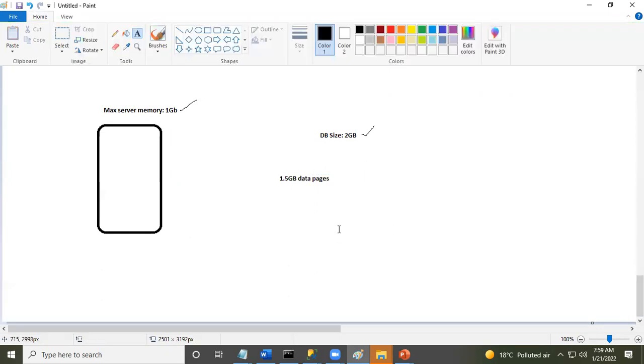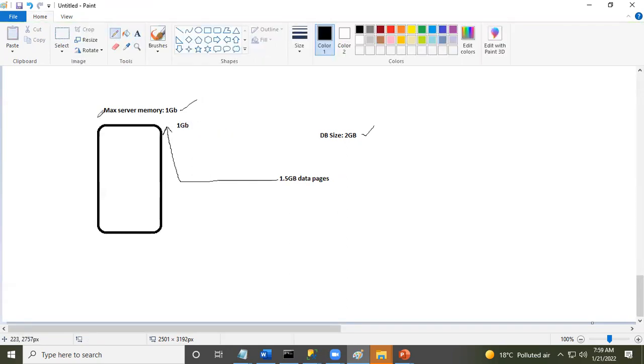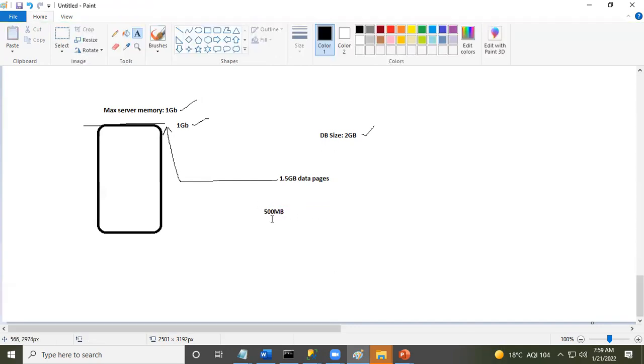You have read 1 GB, and the max memory is reached because you have only 1 GB. What about the remaining 500 MB? We cannot read it because the max server memory limit is reached.